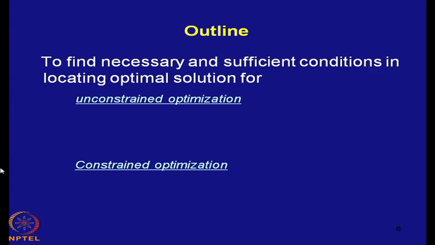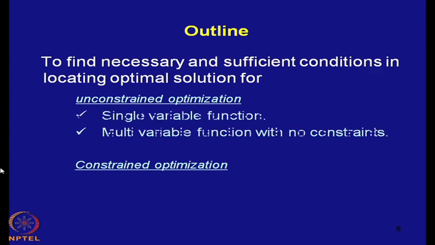The unconstrained optimization problem involves only the objective function and there are no restrictions on the given situation. That is why the system is freely movable, and in that case we deal with two kinds of unconstrained optimization problem: the single variable optimization problem and the multivariable optimization problem, where we do not have any constraint. That is why this is unconstrained.